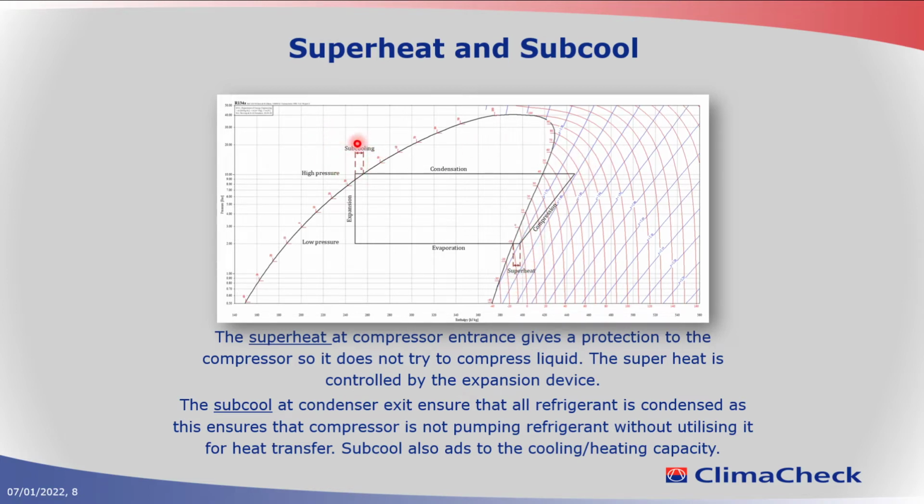And then if I look here, from my line with 100% liquid, I can subcool that liquid, lower the temperature of that liquid, and that gives me the subcool. So I can see my subcool and superheat in this pH diagram.